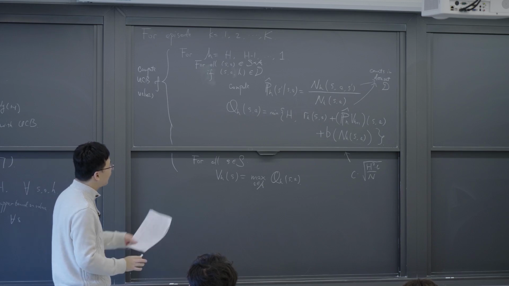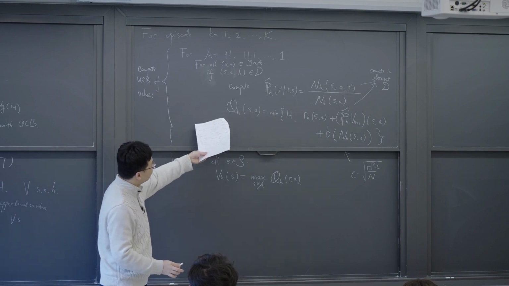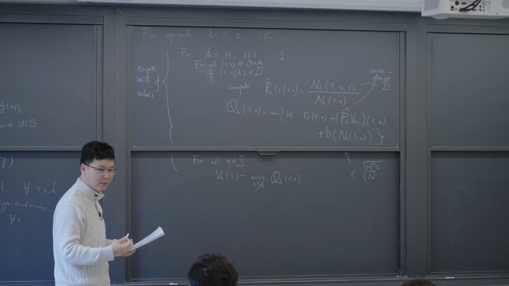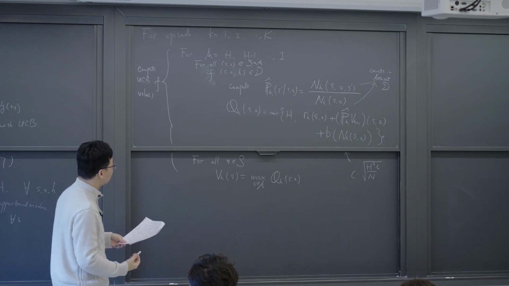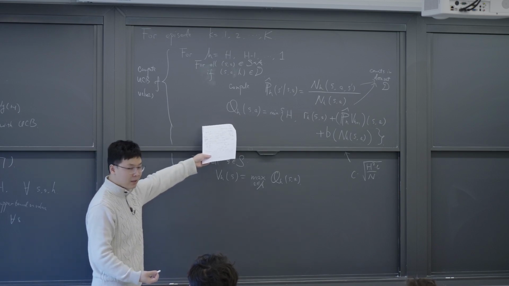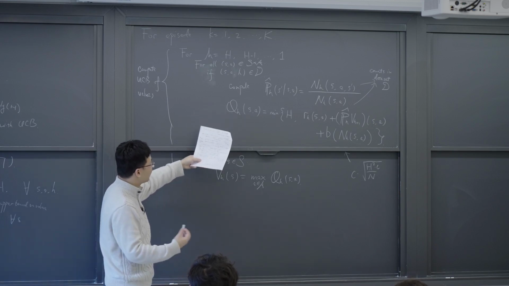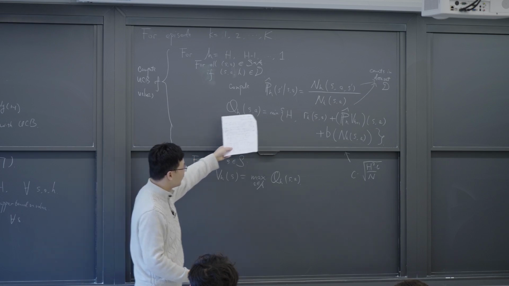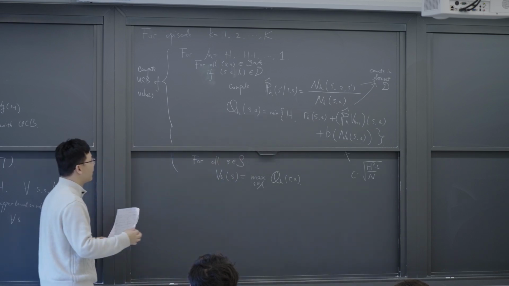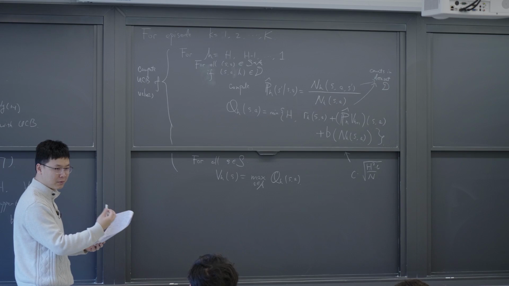We'll talk about how we construct this bonus. I think the main reason we construct this bonus is that we want this to be an upper bound. And if the intermediate Q value becomes very large, that will hurt the entire proof of how it becomes an upper bound, because essentially we want to do some concentration.